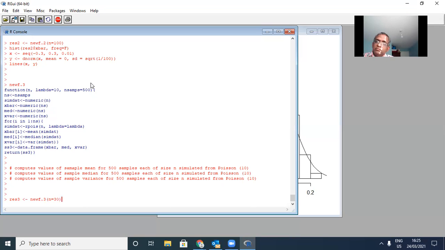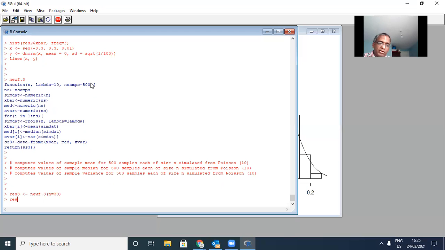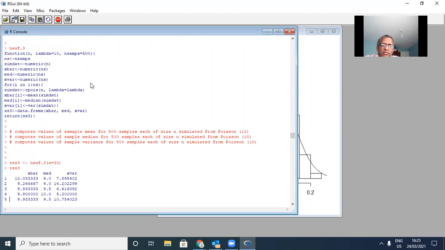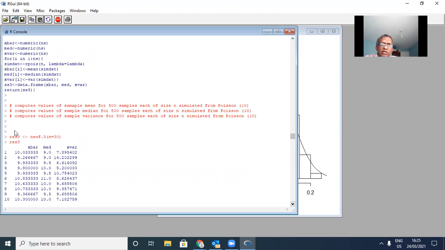Now if you type res3, you will get 3 columns of data. The first column gives 500 values of the sample mean. The second column gives 500 values of the sample median. And the third column gives the 500 values of the sample variance.